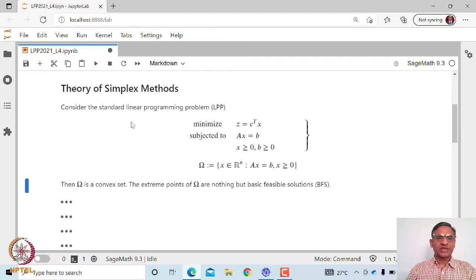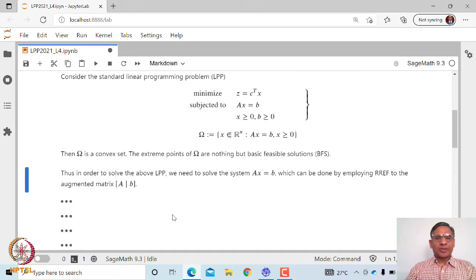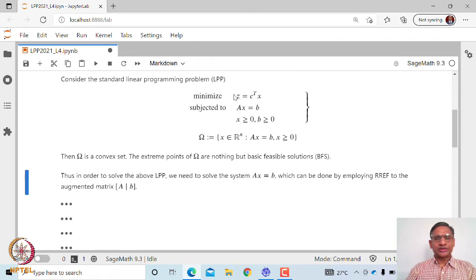So actually the simplex method is about starting with a basic feasible solution, that is, starting with an extreme point of omega and moving to another extreme point using some systematic method. In order to solve this linear programming problem, we actually have to solve the system Ax equal to b.